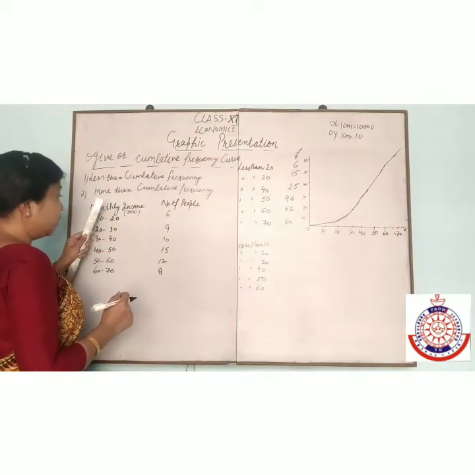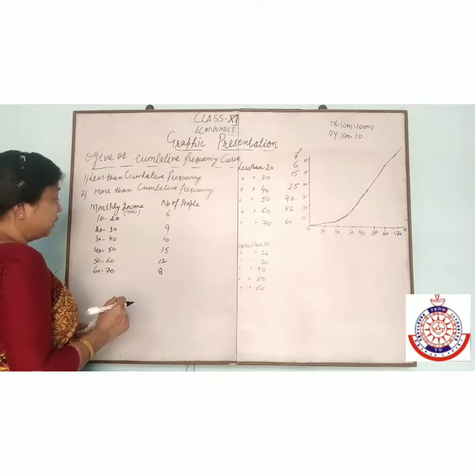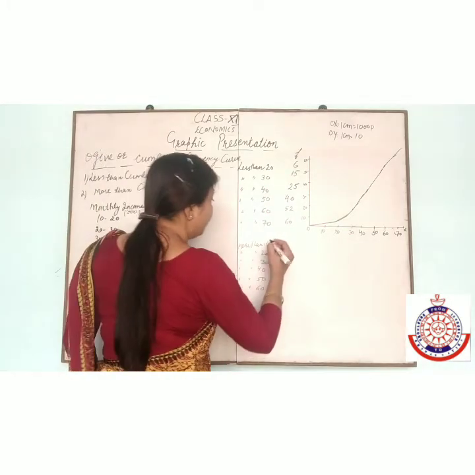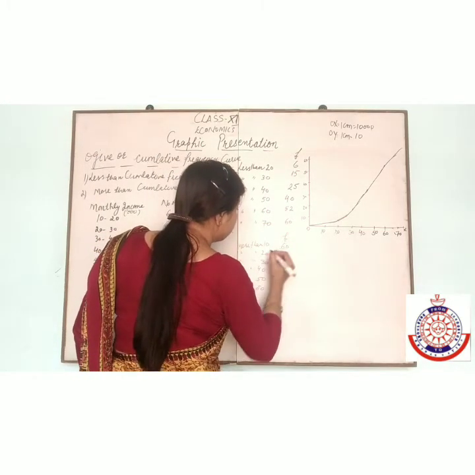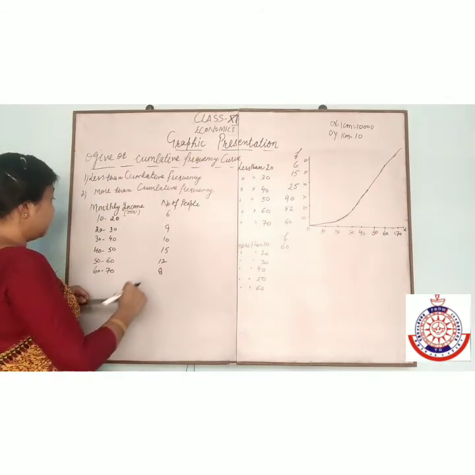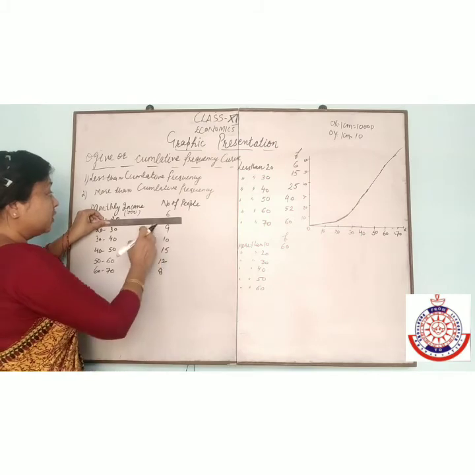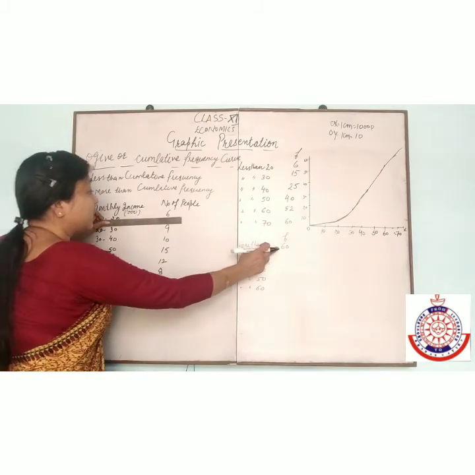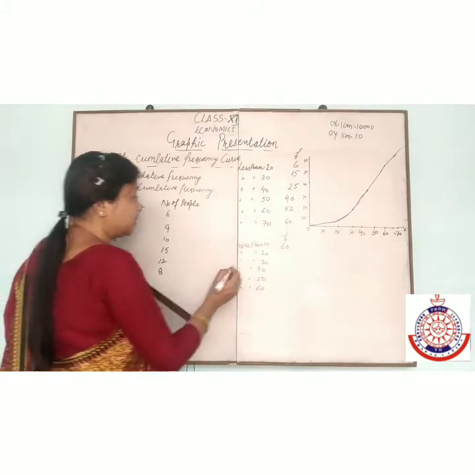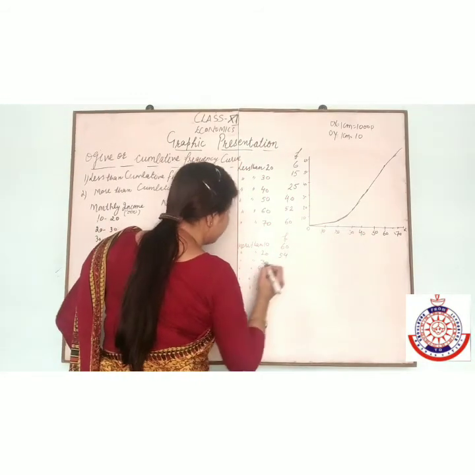For more than 10, all the values are more than 10, it means the frequency is 60. More than 20, these values are more than 20, so we deduct 6 from 60, that is 54.